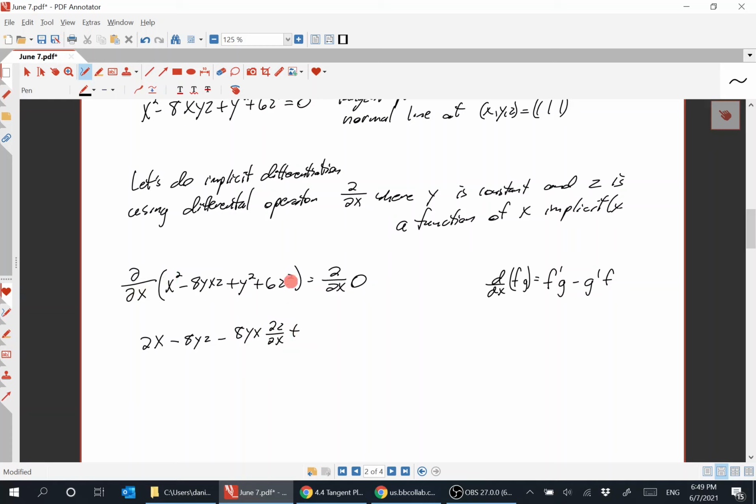Plus, what's the derivative of 6z squared, implicitly? Partial with respect to x of 6z squared. What's that derivative, where z is implicitly a function of x? How does that go? We've got to use the chain rule. And the derivative of the y squared is 0.